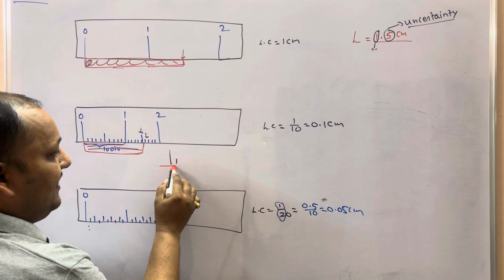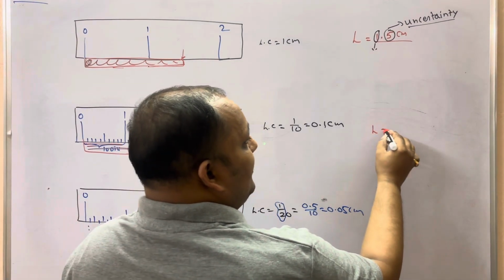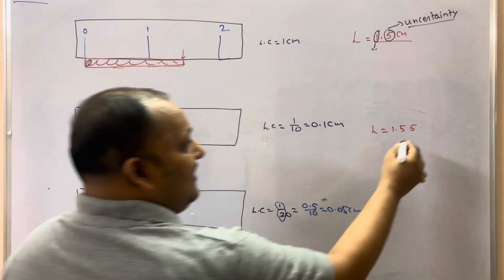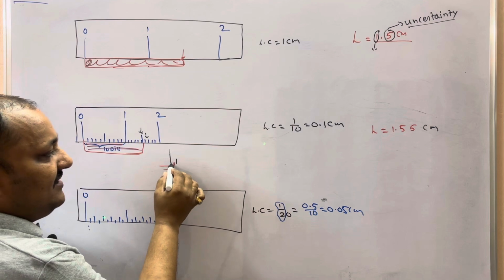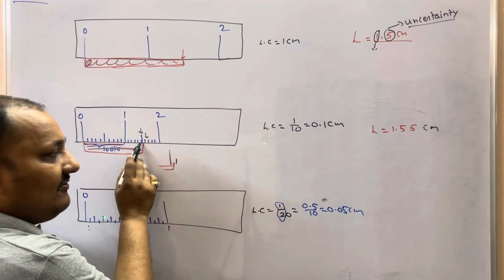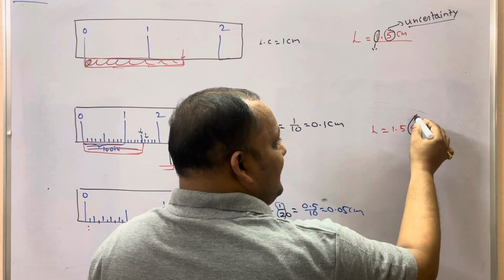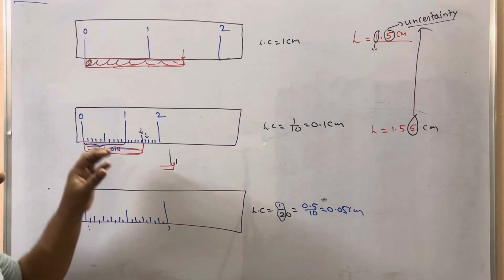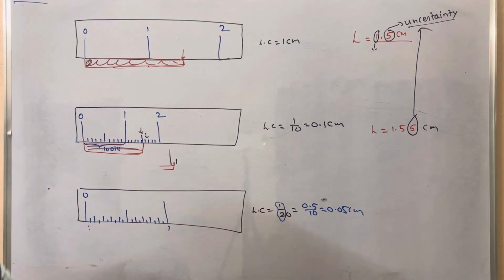The object is coming in between like this. So the length of this object we write as 1.55 centimeters. 1.5 is clear, but for the last digit we assumed it is between 1.5 and 1.6. Therefore, I write 1.55. This is again uncertainty. So this uncertainty in the measurement we are calling error.